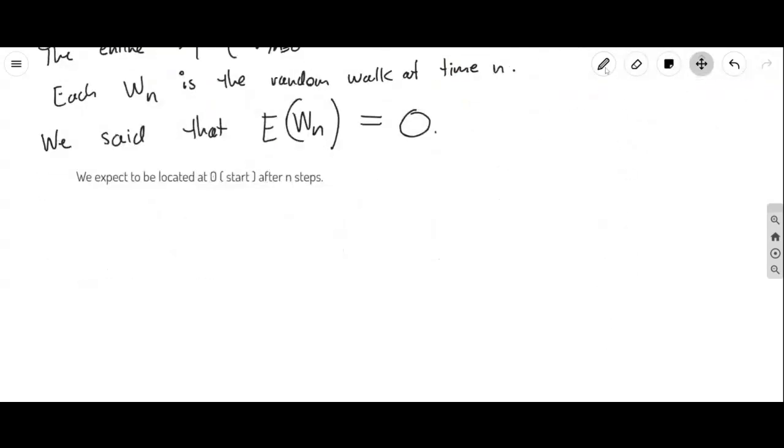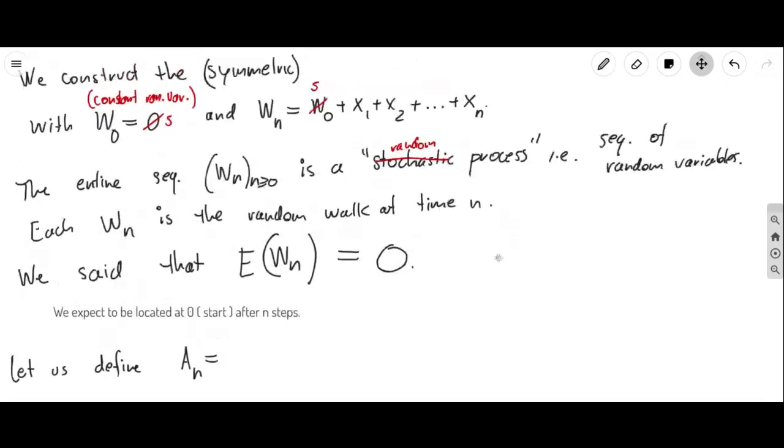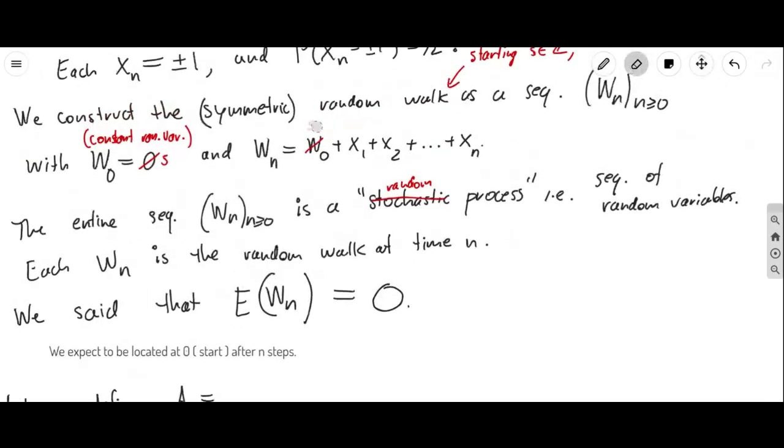So let's introduce the following random variable. So let us define An. Let's look at this random walk. The random walk is the starting value, which we assume is 0, plus the sum of all of these, and each of these is heads or tails.